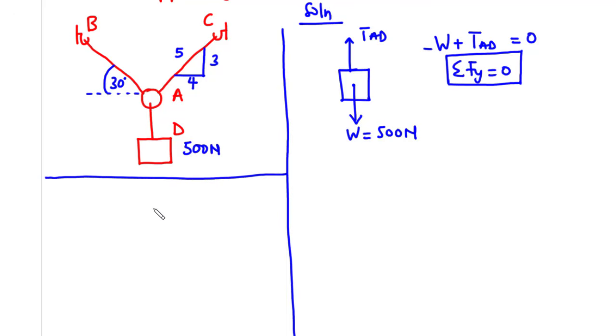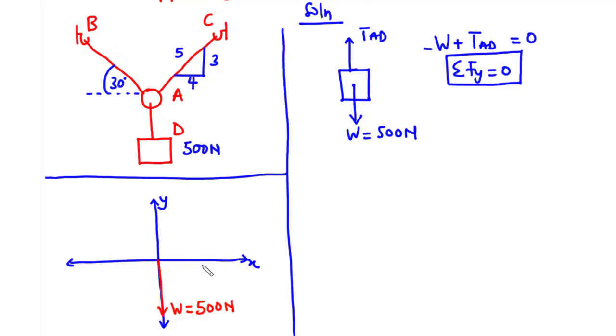So let's draw the XY plane. So we have this to be the y-axis, we have the x-axis. Now let's indicate all the forces acting on the ring. So we have the weight of the crate acting vertically downwards. We have W equals 500 newtons. That is the weight of the crate.